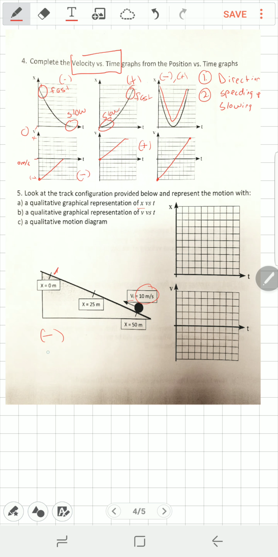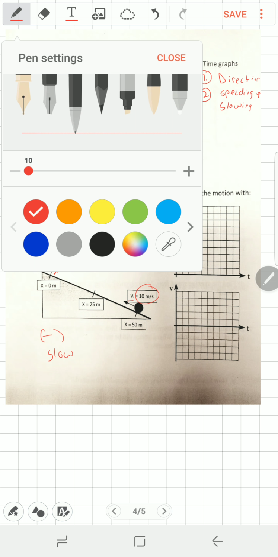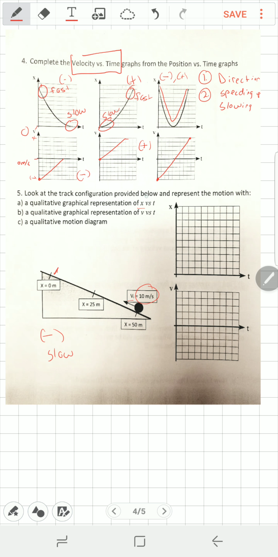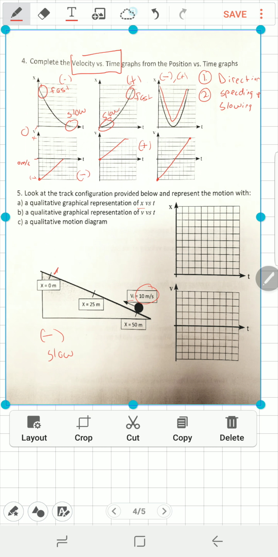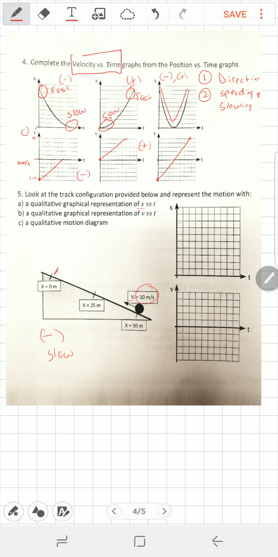I'm going to go negative and slow. So I'm going to start here and go down. So I'll start off fast. Before I do anything, I know I'm going to start off fast, and I'm going to end stop. So I'm just going to connect those into a line. Okay.